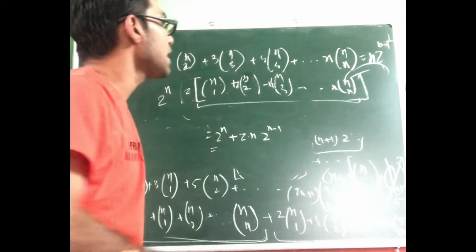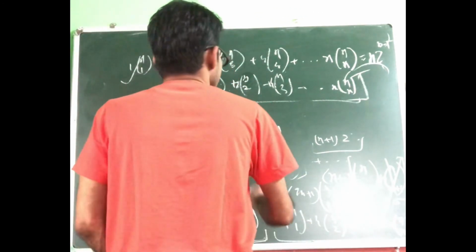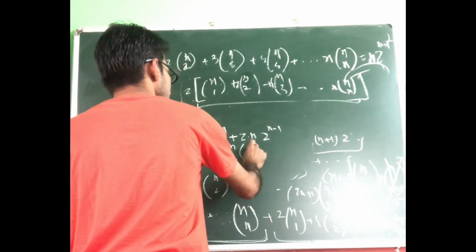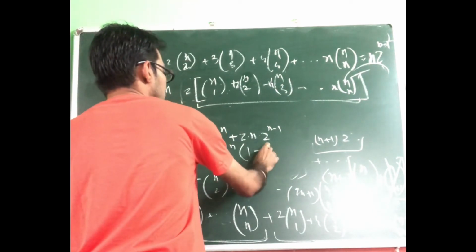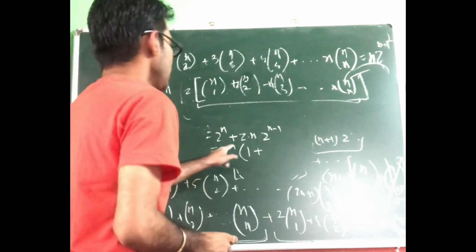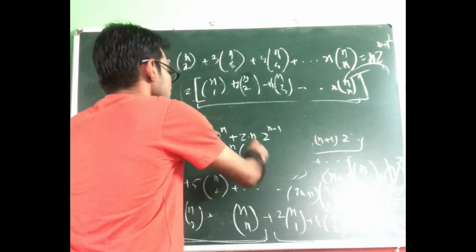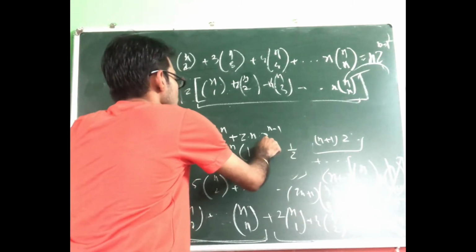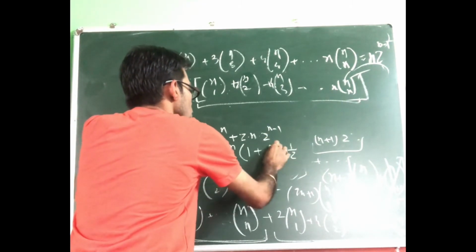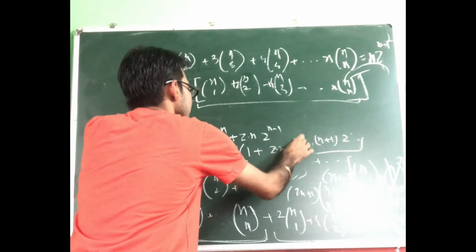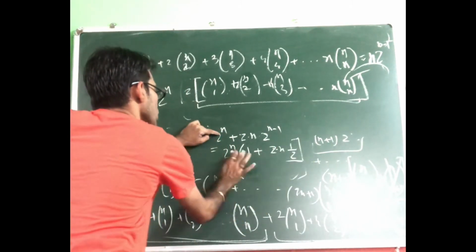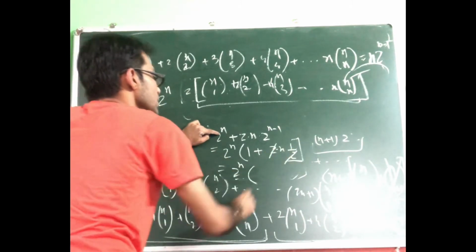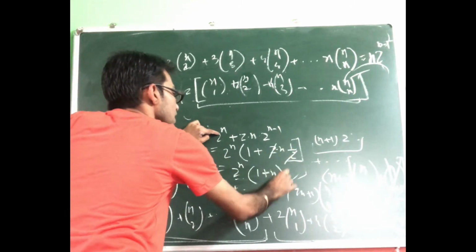So from here I can take 2 to the power n common, and I can write 1 plus, if I am taking 2 to the power n as common, here it should be a half, because for this the 2 is already as it is and a n. So this is 2 to the power n, and this 2 cancels, so I am left with 1 plus n.